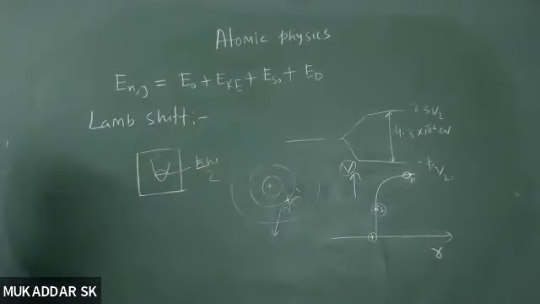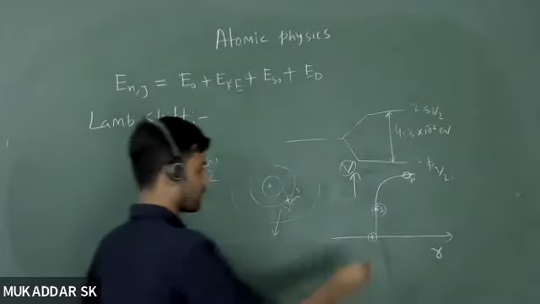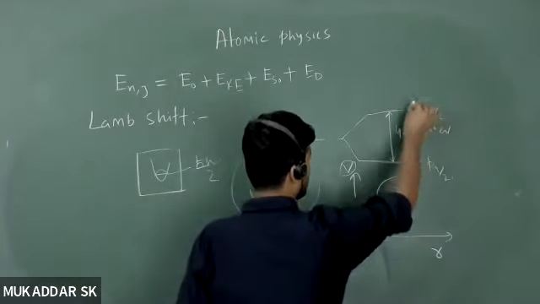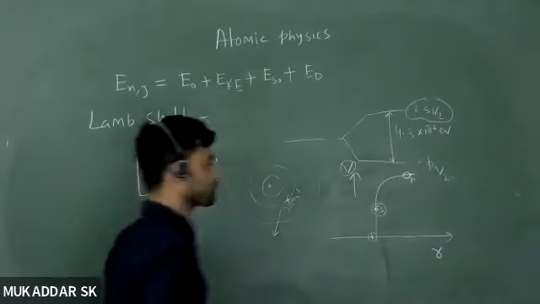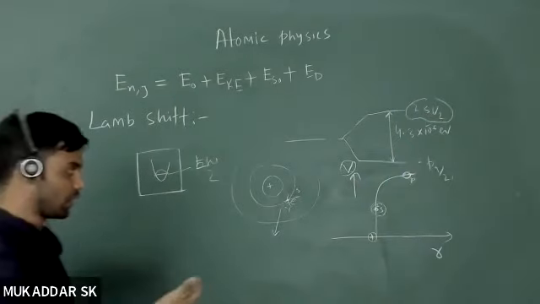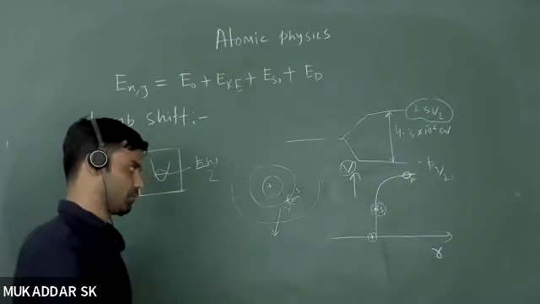Is this concept clear? Yes sir. So that's why there will be modification of the energy of the S orbital, and that's why there is a shift in the S orbital. I'm not going into detail, but that is the basic mechanism.